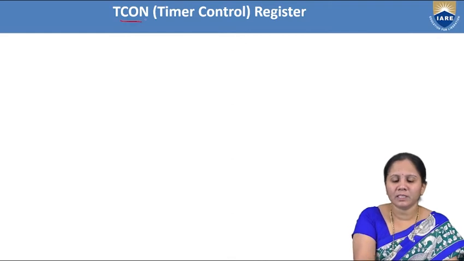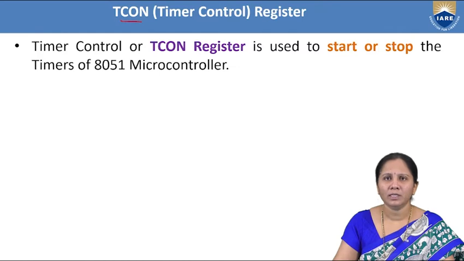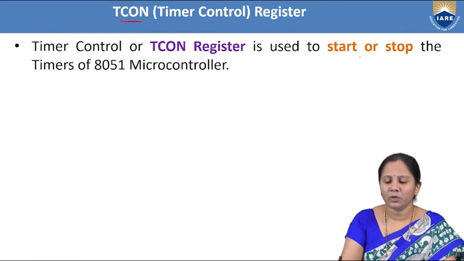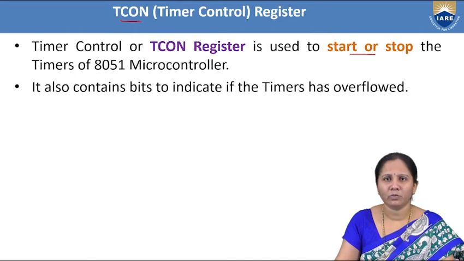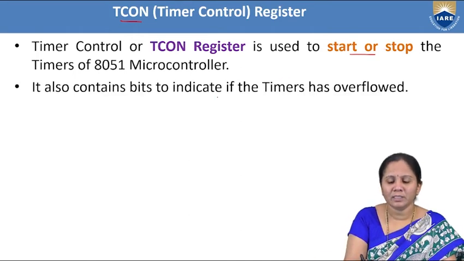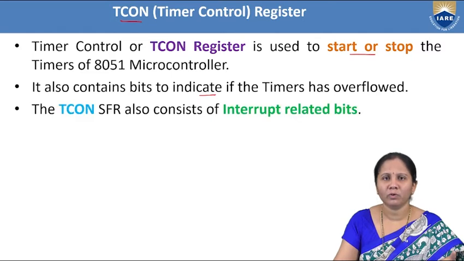And the next register is the TCON register, which is called the timer control register. This TCON register is used to start or stop the timers of the 8051 microcontroller. This register also contains some bits to indicate whether the timers have overflowed or not.